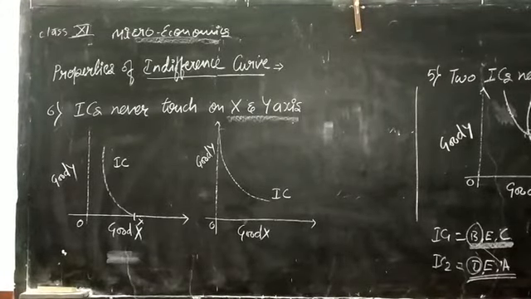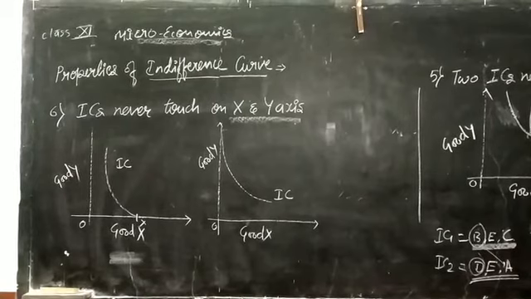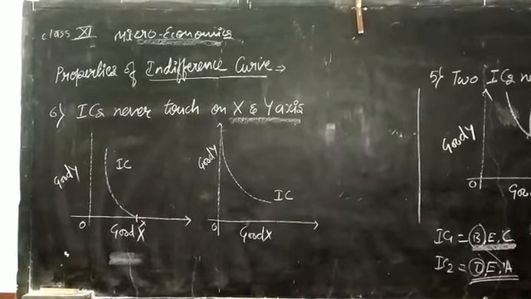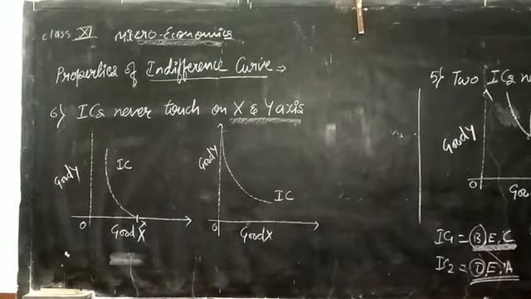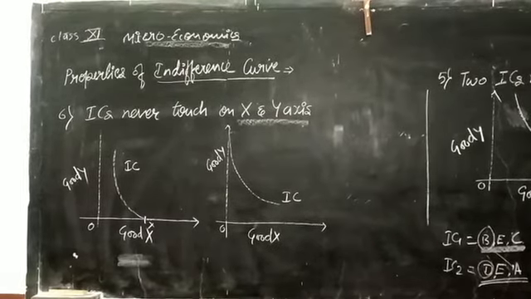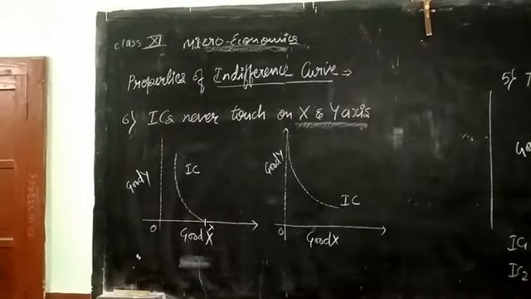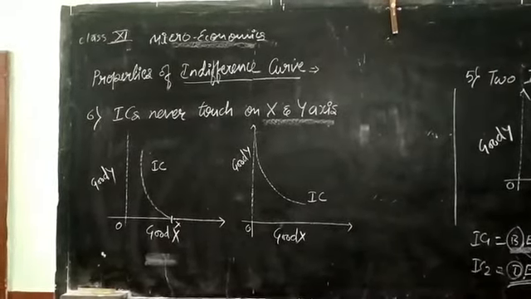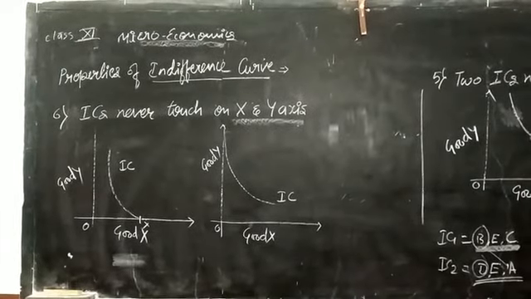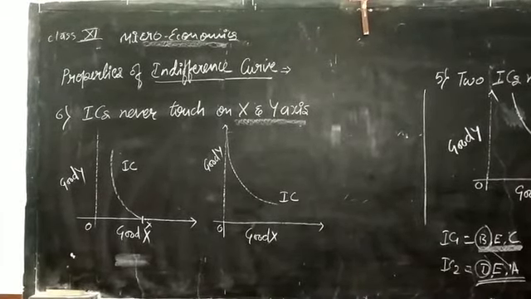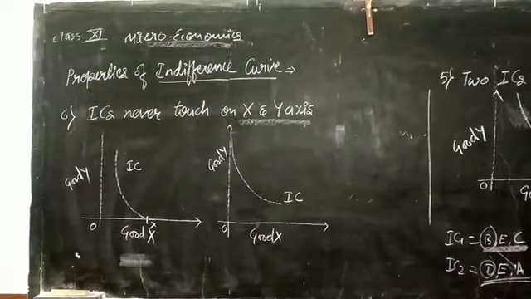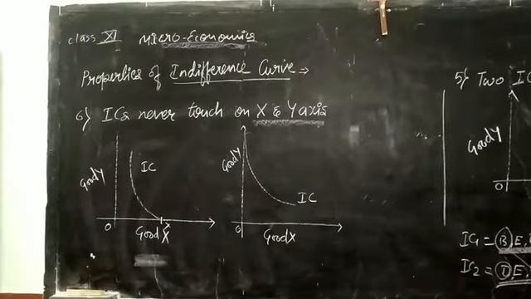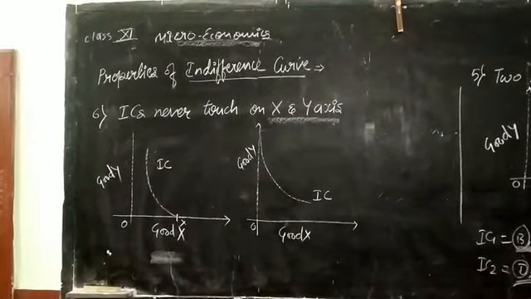Our next property of indifference curves is that indifference curves never touch the x-axis and the y-axis. Okay, the shape of an indifference curve is convex to the origin, but it never touches the x-axis or the y-axis.